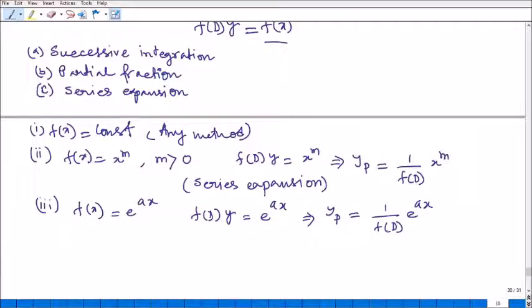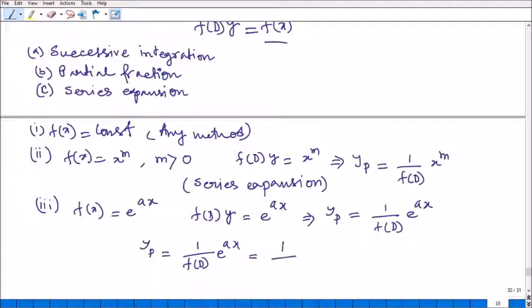So the polynomial, this f of D is the polynomial function of the operator D. So here the formula is the solution yp is actually 1 by f of D e to the power ax, where this polynomial function of operator D is written in terms of this constant a.